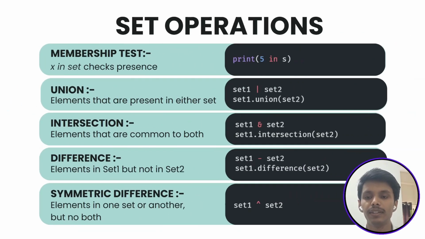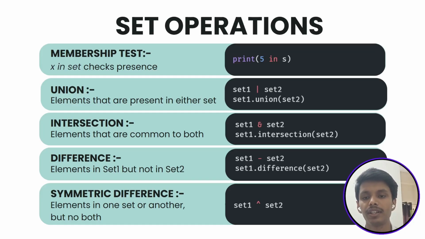In slide 9, we see some set operations. Some mathematical operations can be performed on sets, like the membership test: X in set returns true or false based on whether X is present in the set or not. Union combines elements from both sets, and duplicate elements are stored only one time.